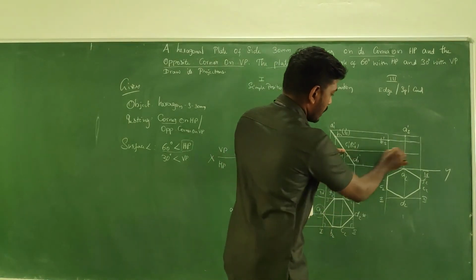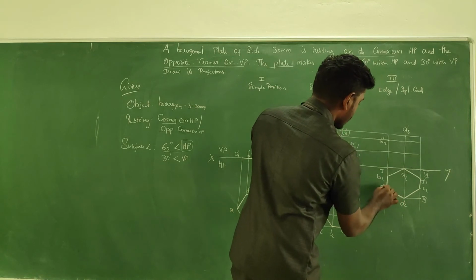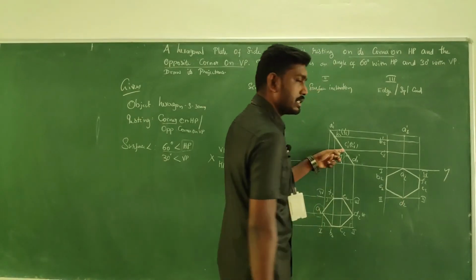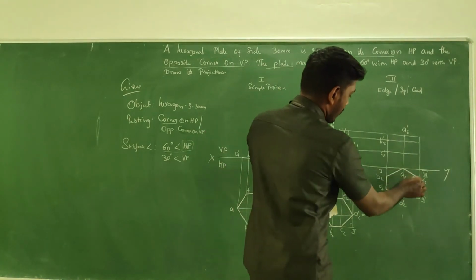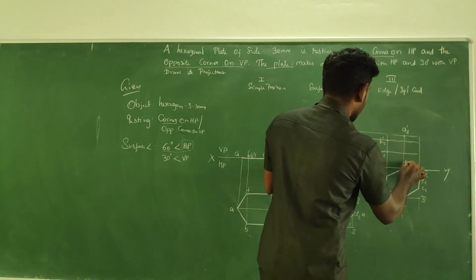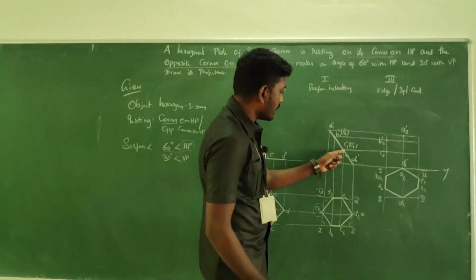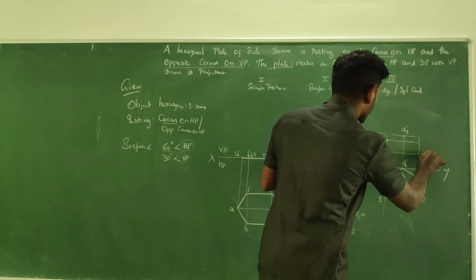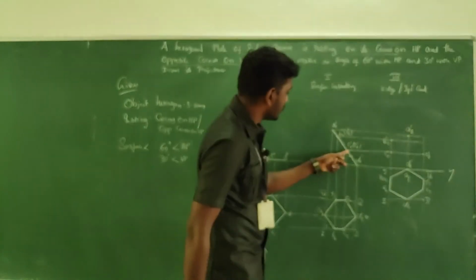Here is C horizontal and here is C vertical, so this would be your C2 dash. And here is D, here is D, so this is at this point D2 dash. E horizontal and vertical is here, meeting at this point, E2 dash.